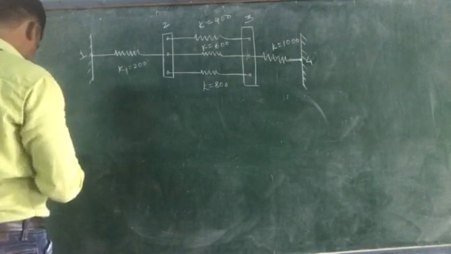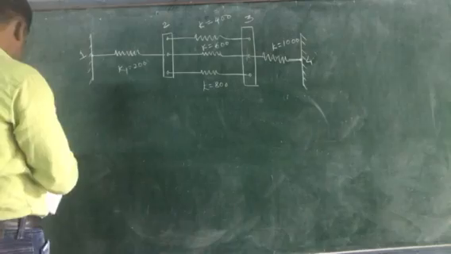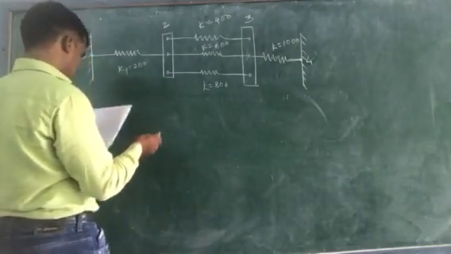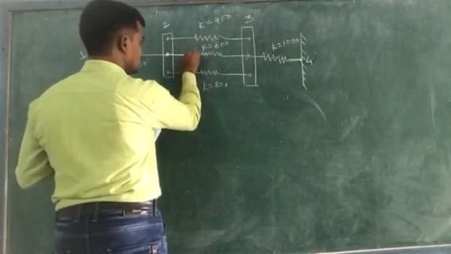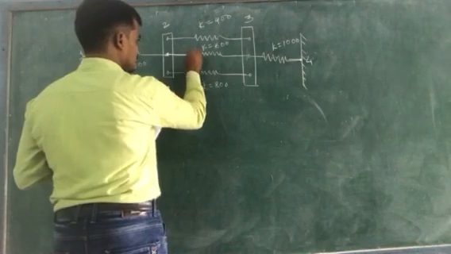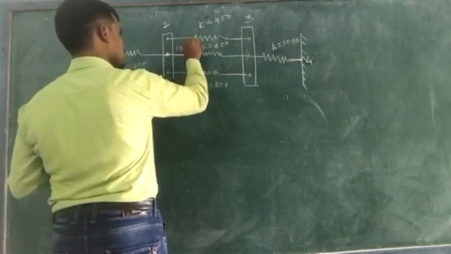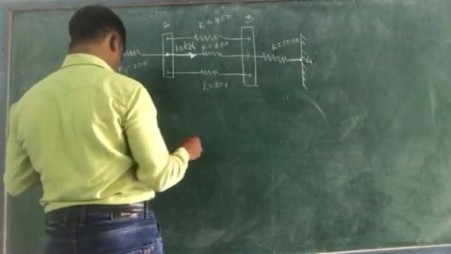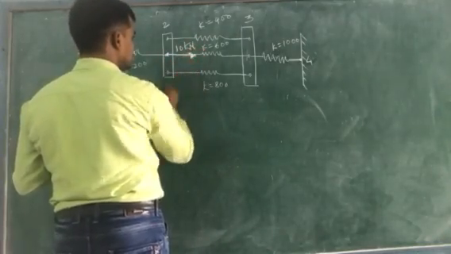Okay, so this is the example, and they have asked to find the nodal displacements and the reactions at support. Also, the value of force is given at this node, equal to 10 kilonewton.